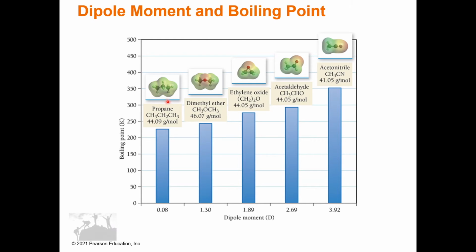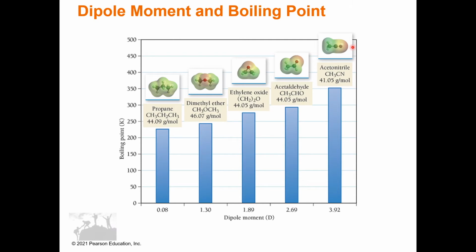So for something like propane, this molecule is nonpolar, so its boiling point would be the lowest in the group. Acetonitrile here, the nitrogen, which is more electronegative than the carbon and the hydrogens, is found on one end of the molecule.